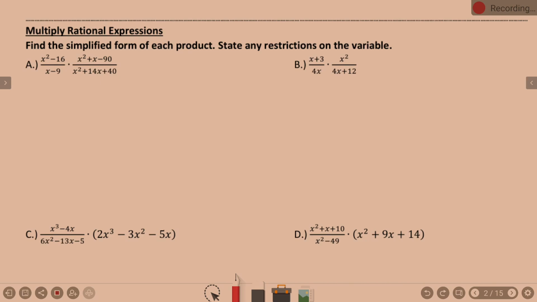Absolutely not am I going to recommend that you multiply before you factor. That is the one big no-no. We're not going to start multiplying this. I know the problem is a multiplication problem, but that's going to get real ugly real quick. So your job is to factor and get those common factors canceled. So here we go.